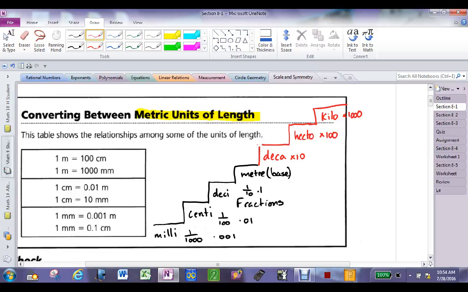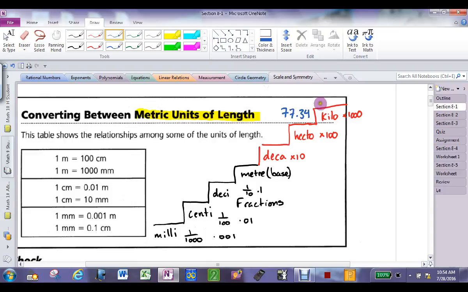Okay? So, if I put 77.34 here, in hectometers. You with me? If I go up, I am doing what?